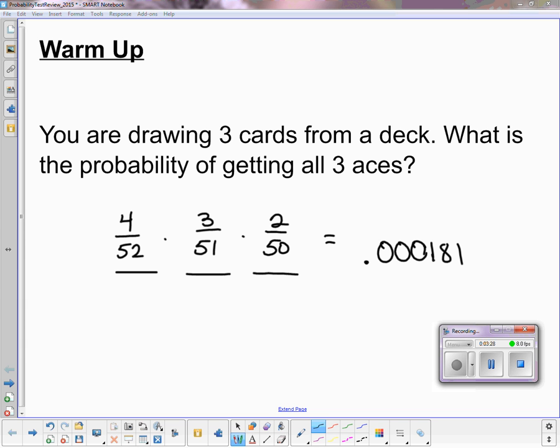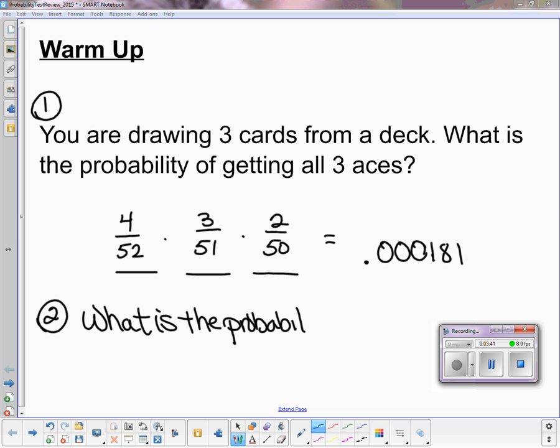Okay. So now my next question, this is the first question. The second question becomes, what is the probability of getting a 3 of a kind?